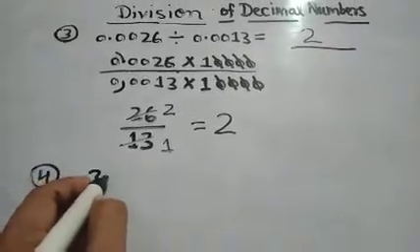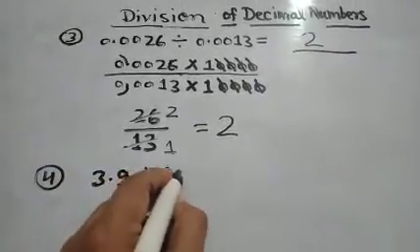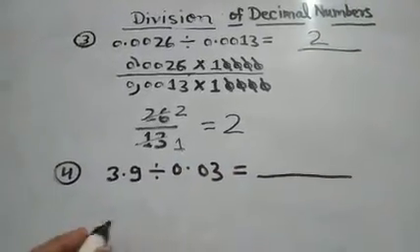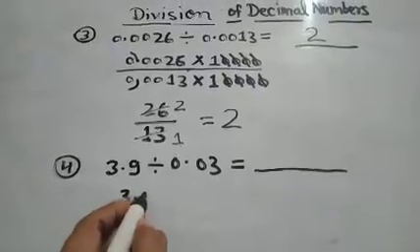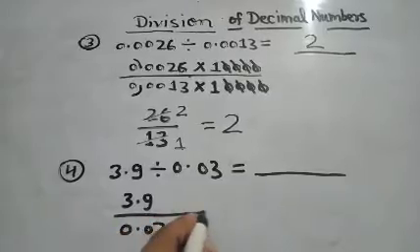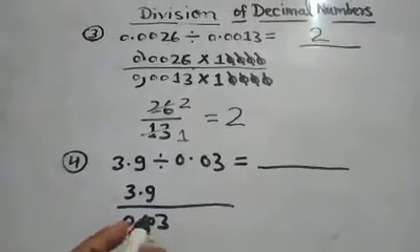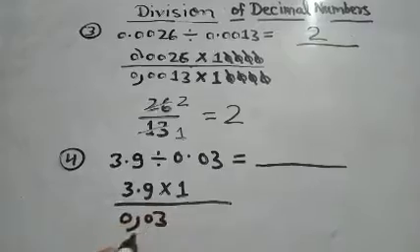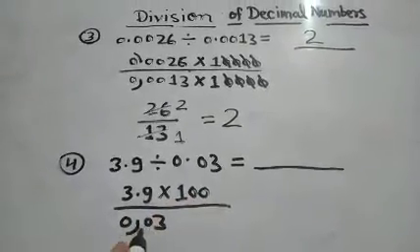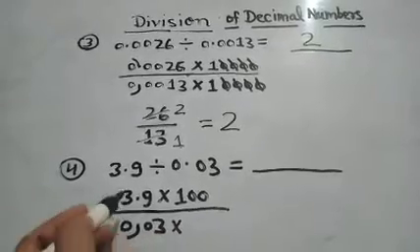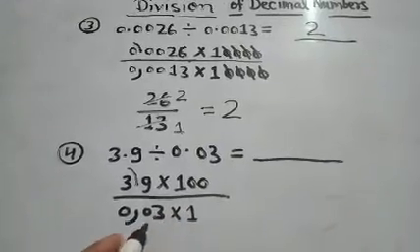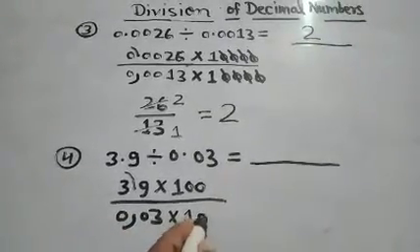If 3.9 is divided by 0.03, what happens? Then 3.9 is divided by 0.03. Now skip the decimal in the denominator, multiply with 100 in the numerator, because there is a 2-digit decimal number, and skip the decimal from the numerator, multiply with 100 in the denominator.